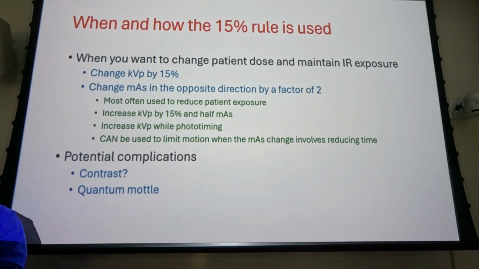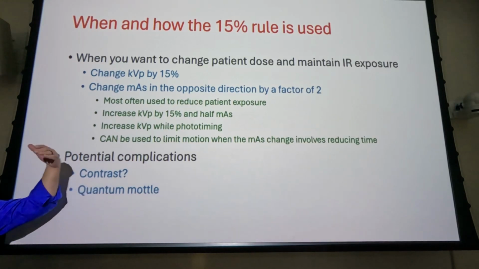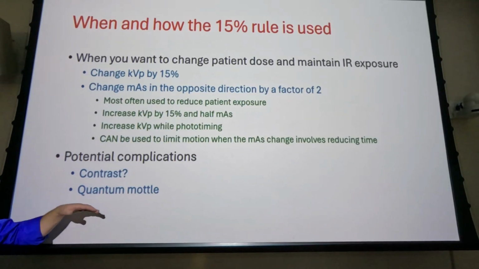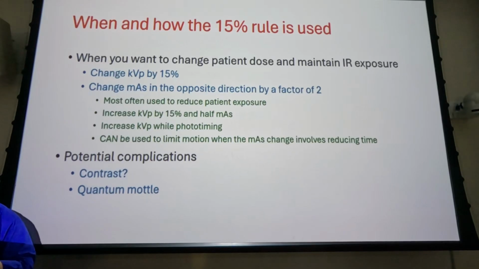What are the two components of mass? Milliamperage and time, right? So you got two things there. First off, the definition of quantum mottle is inadequate exposure at the image receptor, right? So if kVp increases enough and you reduce mass enough, then you could introduce quantum mottle. Quantum mottle is kind of like a bad signal on your radio, as if anybody listens to radio anymore.